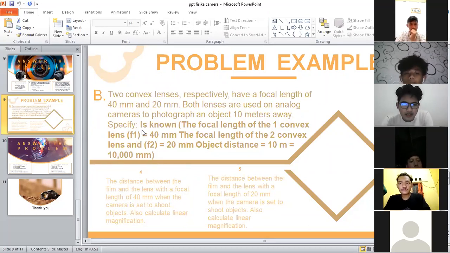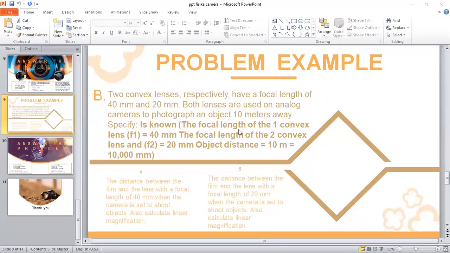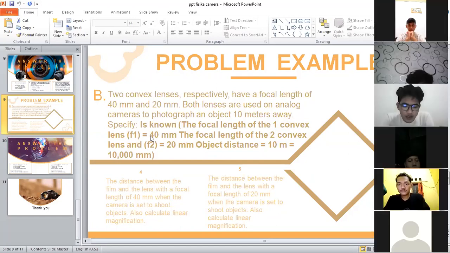Determine now the focal length of the one convex lens f1 equals 40 millimeter. The focal length of the two convex lens f2 equals 20 millimeter.